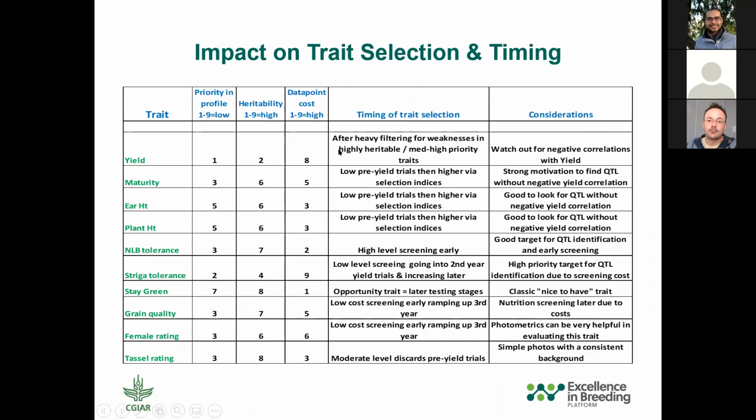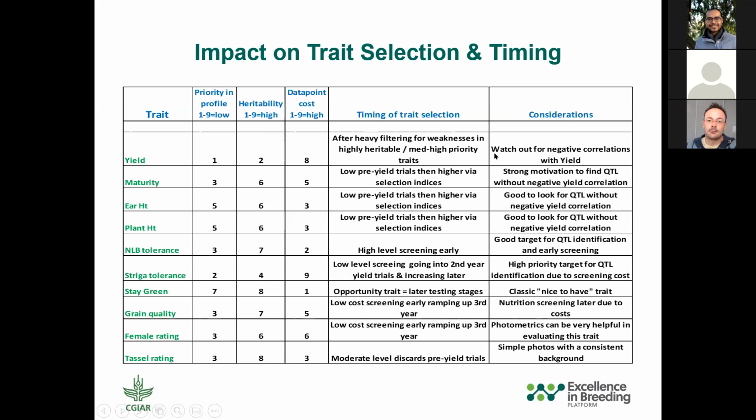Okay, so what that translates to is that you're only going to put something in a yield trial after heavy filtering for weaknesses in highly heritable, high priority traits that you can look at in the inbred development process.